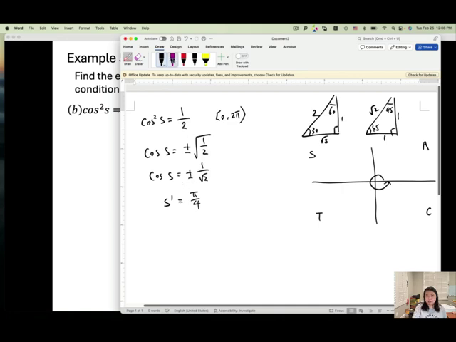So think about it. For quadrant 1, the reference angle is going to be here. So we do have the first one, quadrant 1, the angle will be pi over 4. This is when cosine S equals positive 1 over rad 2. So positive here for cosine. And then we have quadrant 4.